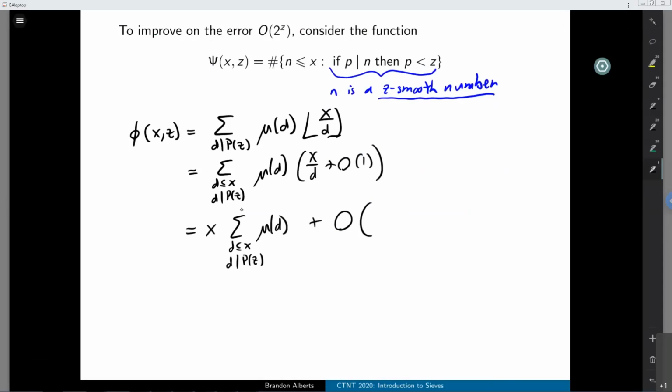And so in particular, d is a z-smooth number. It divides a product of primes less than or equal to z, so it must be square free and only divisible by primes less than or equal to z.